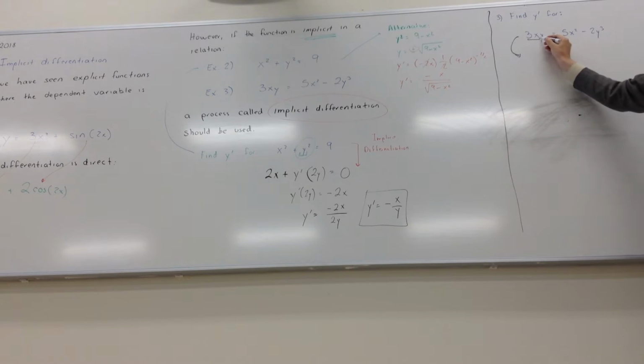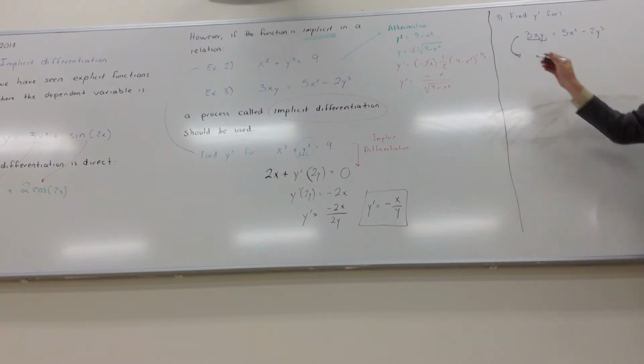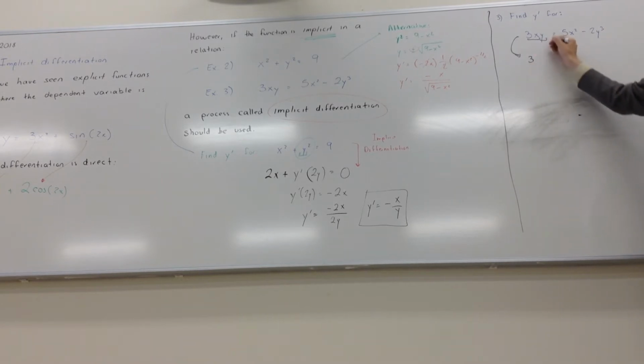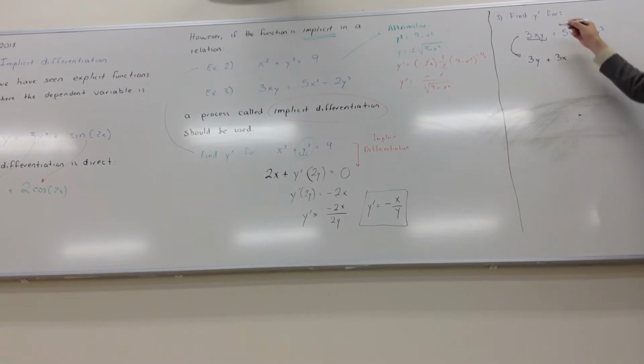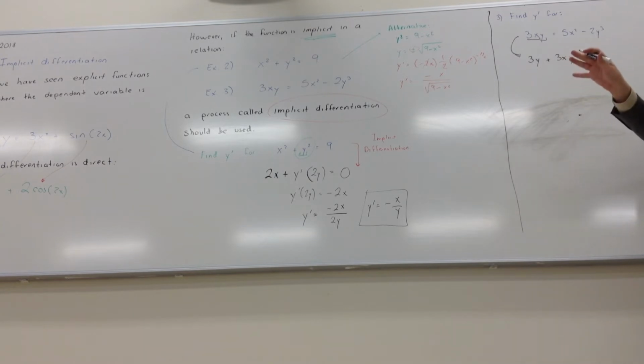You have 3x and you have the y. 3x derivative, 3, times the second one, not derivative, plus 3x times derivative of the y. Y prime. Just y prime. This is just y. Equal to 5x squared derivative, 10x, no problem. Minus derivative of this, minus y prime, 6y squared.